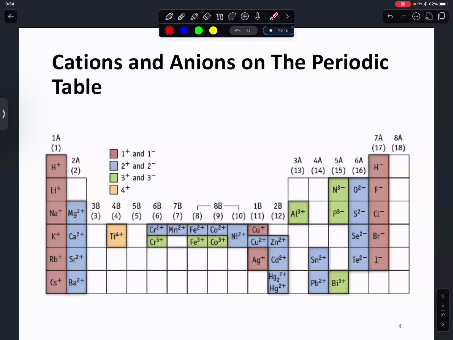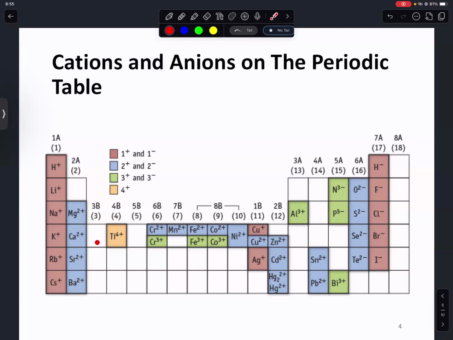Metals are to the very far left of the periodic table, and group 1 metals, minus the hydrogen. And think about it. If it's in group 1 and it's a metal, it tends to lose 1 electron. So you have a plus charge. Plus charge here indicates that it is a plus 1 charge, or 1 plus charge.